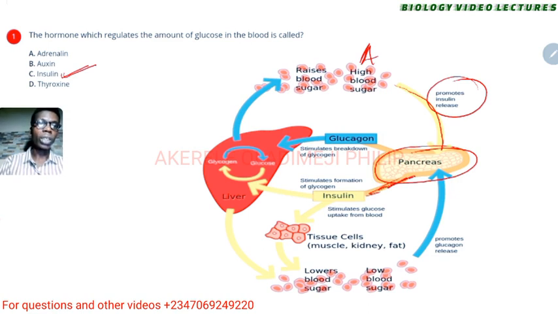So this insulin, you can just follow the arrow. Let me say this is 1, high level; 2, to send a signal to 3, which is pancreas. Then insulin is secreted from the islet of Langerhans. What will that do? Just follow what I'm doing.